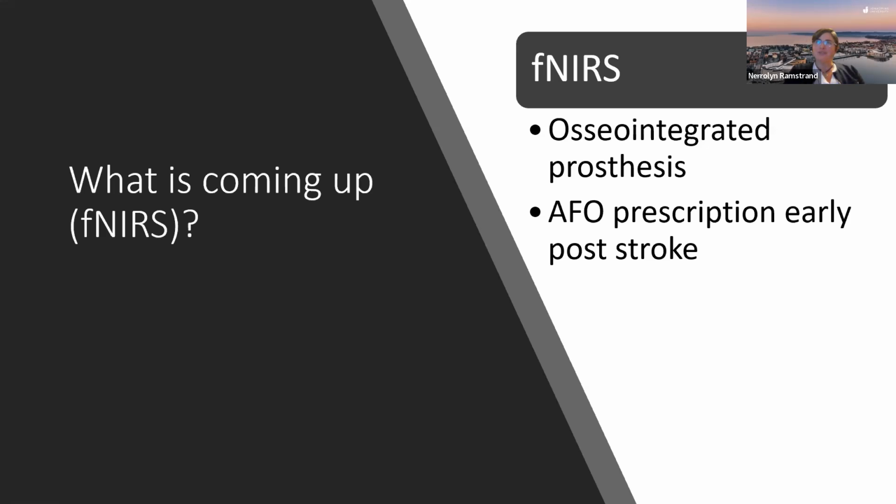I think AFOs is also a really interesting area to think about in terms of cognitive demand. I think tuning AFOs is really interesting. I'm not sure that fNIRS would be sensitive enough to pick it up, but it would be really fun to try. Also to look at AFO design and flexibilities of AFO design to see if we see any differences there.